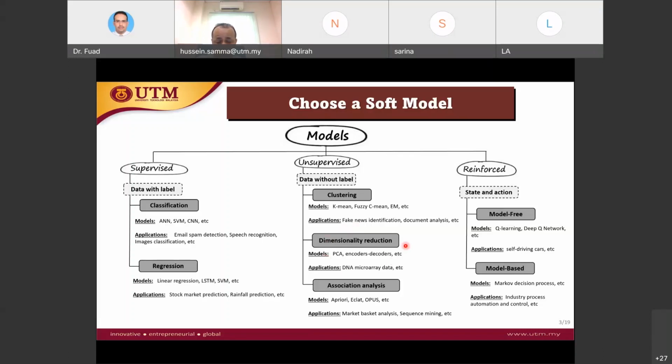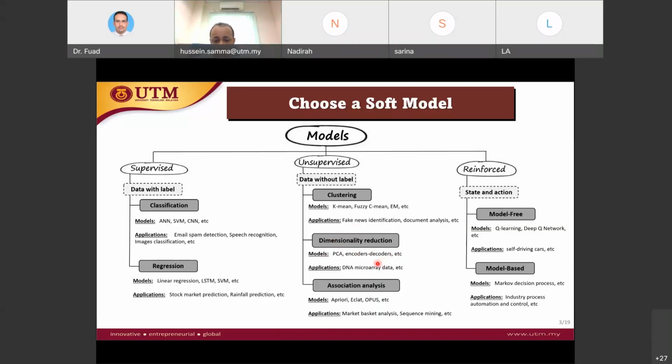Under the second category, this is dimensionality reduction. Sometimes it could be classified as a different category, but here I am putting it under the unsupervised because the label is not there. Here I'm talking about dimensionality reduction, feature extraction, and feature selection techniques that could be executed without using the label.